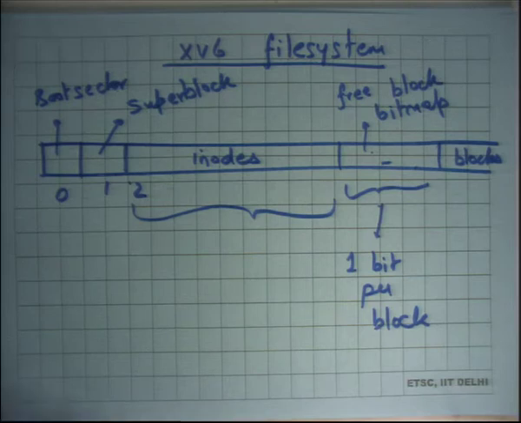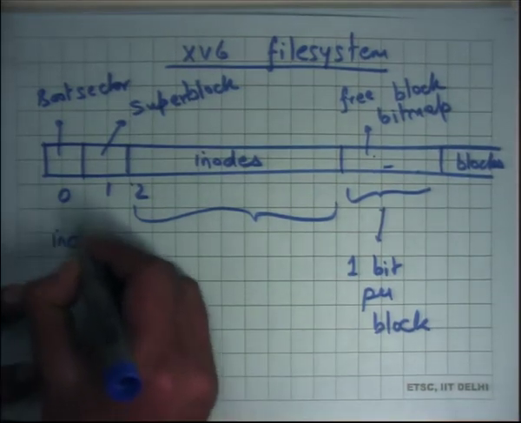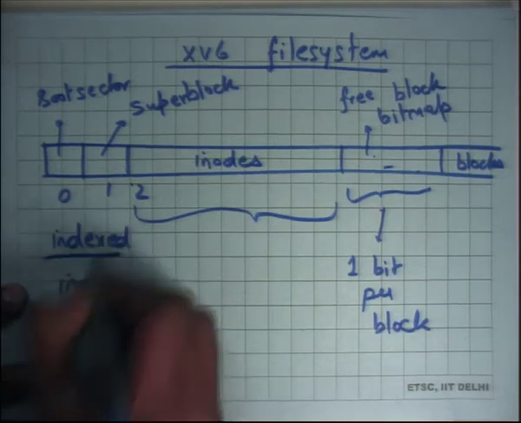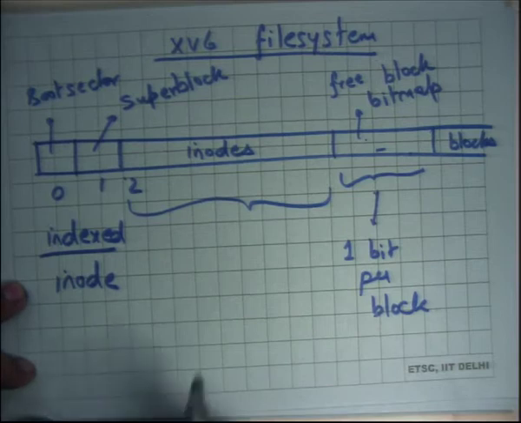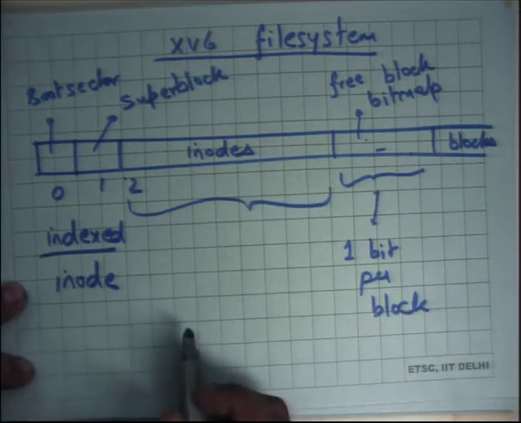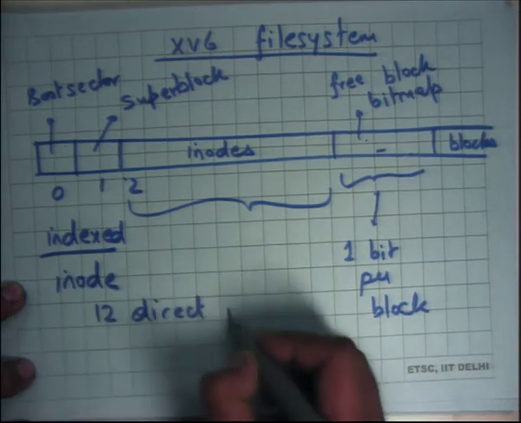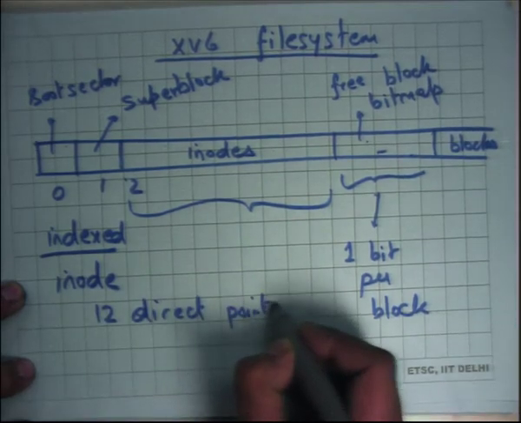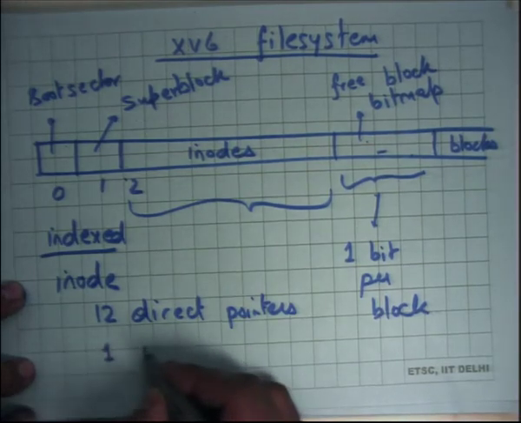Let's look at the inode structure. They use indexed files. The inode structure has 12 direct pointers and 1 indirect pointer.